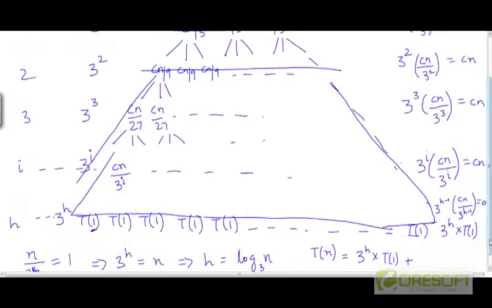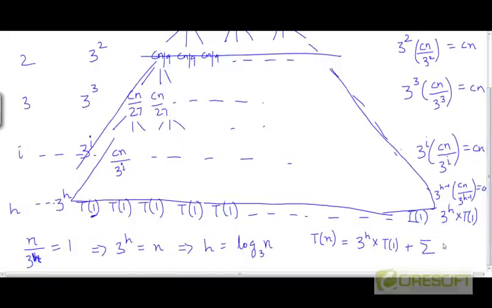So we're going to add cn to itself from levels 0 to h minus 1. So there will be h such terms, cn, from levels 0 to h minus 1. There are h such terms, and at the very last level, level h, we have a cost of 3 to the power h multiplied by T of 1.